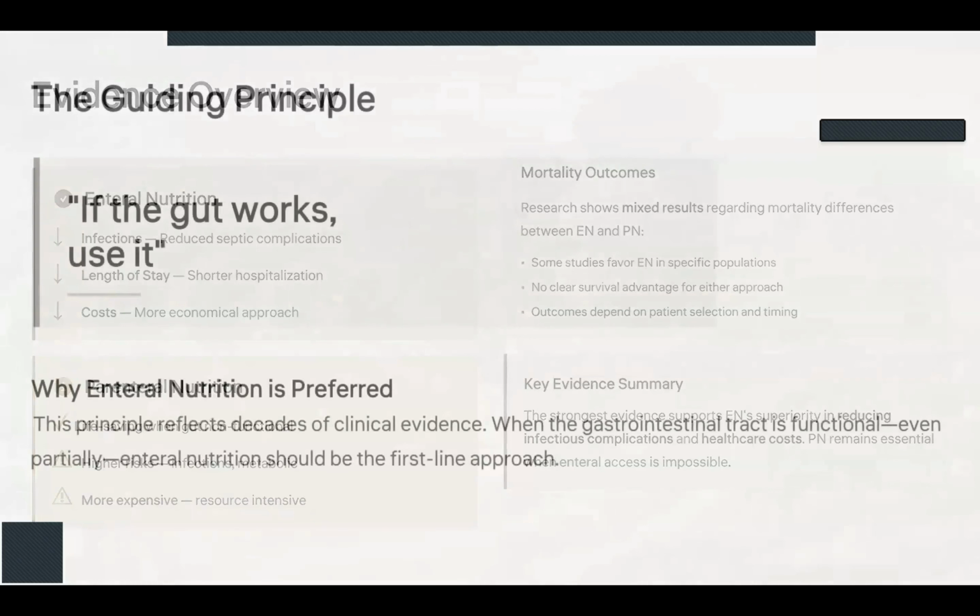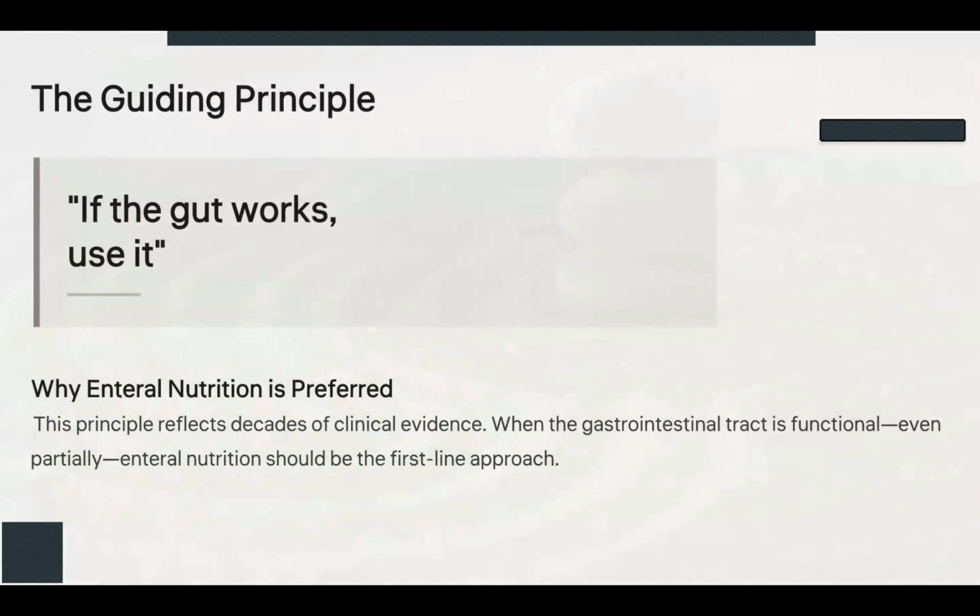This brings us to the fundamental guiding principle in clinical nutrition, that is, if the gut works, use it. Even partial gastrointestinal function is often sufficient to justify enteral feeding. This principle reflects both physiological reasoning and strong clinical evidence.